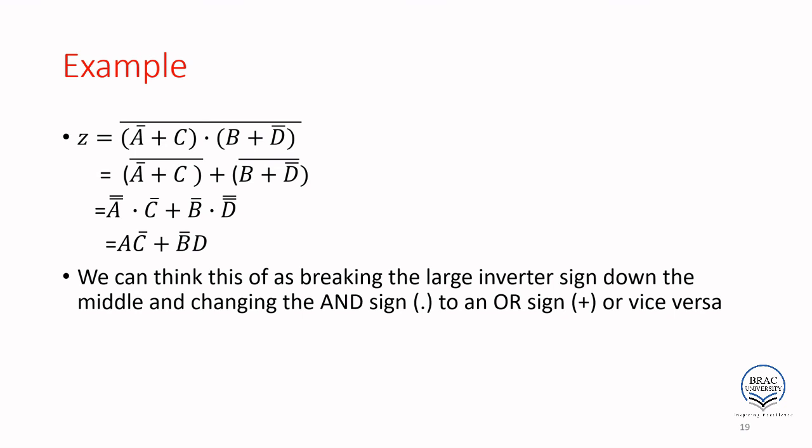So here between A and C you have OR, so it becomes dot, and this dot becomes OR, and between B and D this OR becomes dot, and A prime becomes A, C becomes C prime, B becomes B prime, D prime becomes D. Just check here, so use De Morgan's equation.